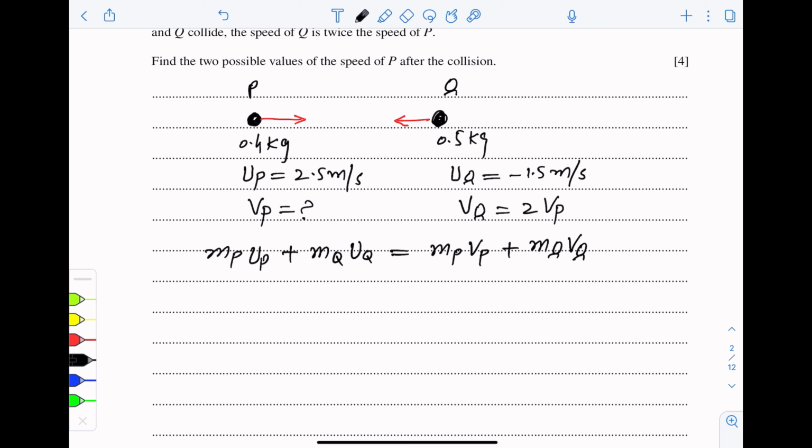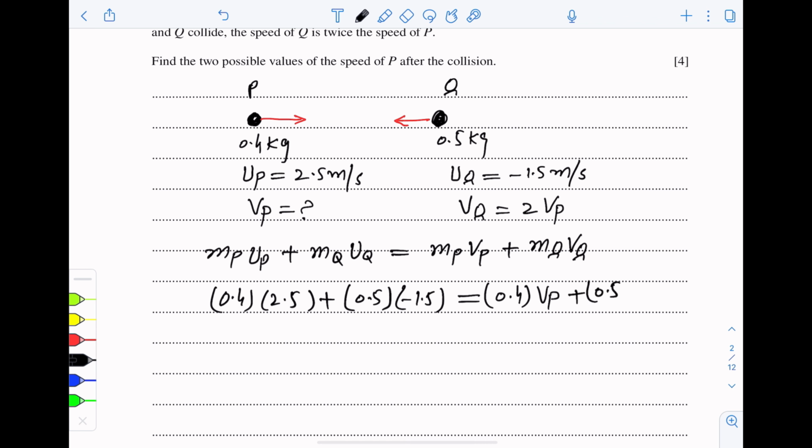Putting the values, MP is 0.4, UP is 2.5, plus MQ is 0.5, UQ is negative 1.5, is equal to MP is 0.4, Vp, we have to find the speed of P after the collision, plus MQ is 0.5 and VQ is 2 Vp. From here we can find Vp.